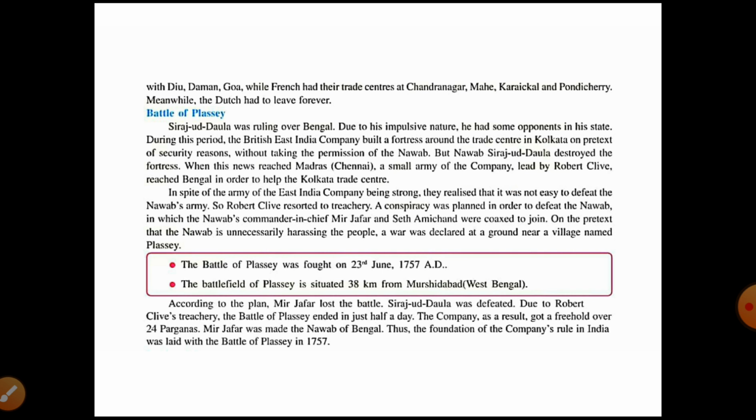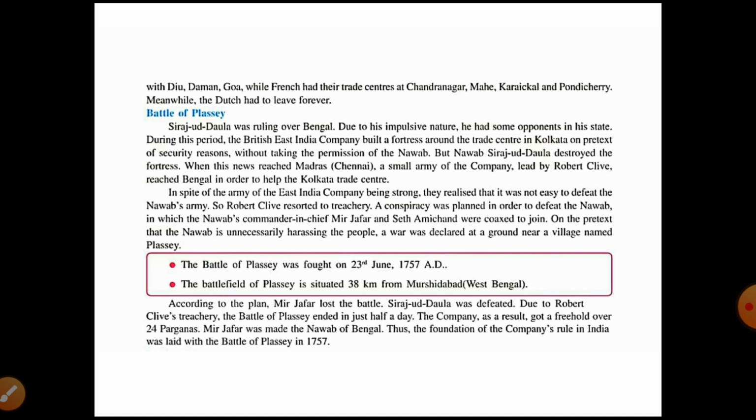On the pretext that the Nawab was unnecessarily harassing the people, a war was declared at the ground near a village named Palsi. They said that the Nawab of Bengal, Siraj-ud-Dowlah, was harassing the people unnecessarily.